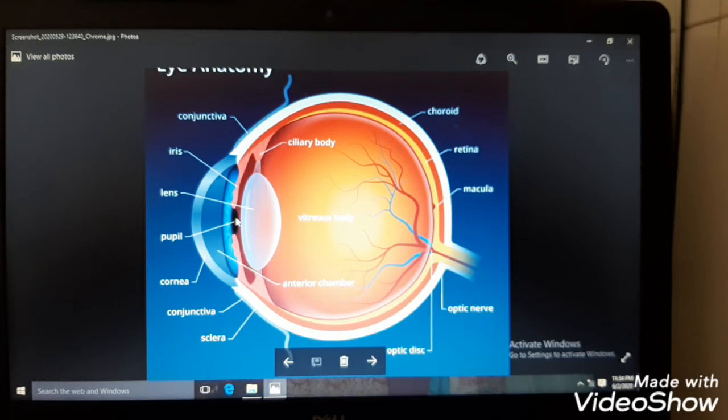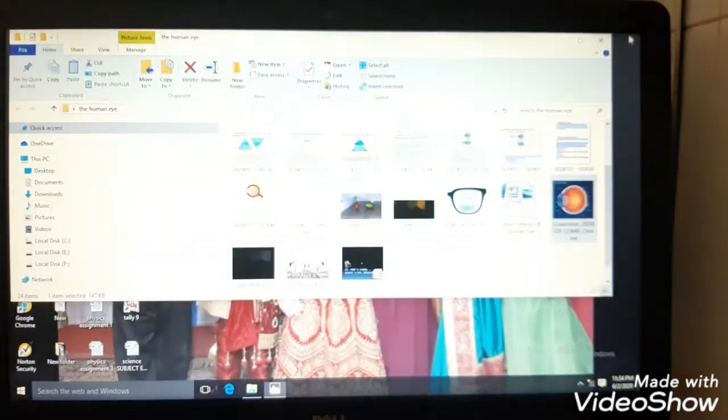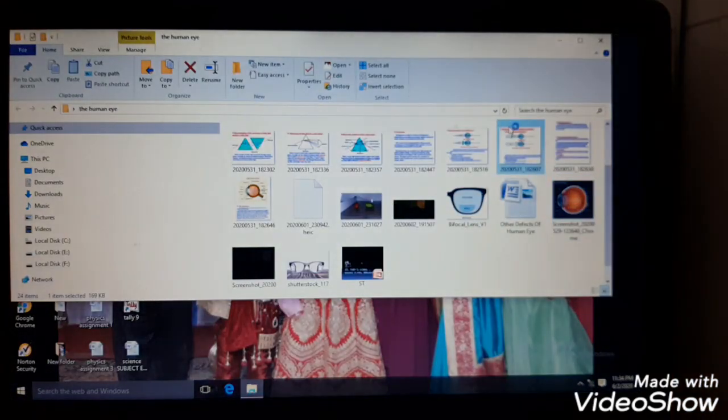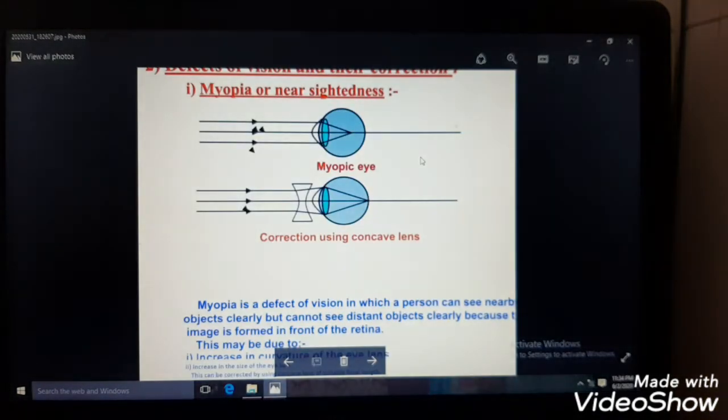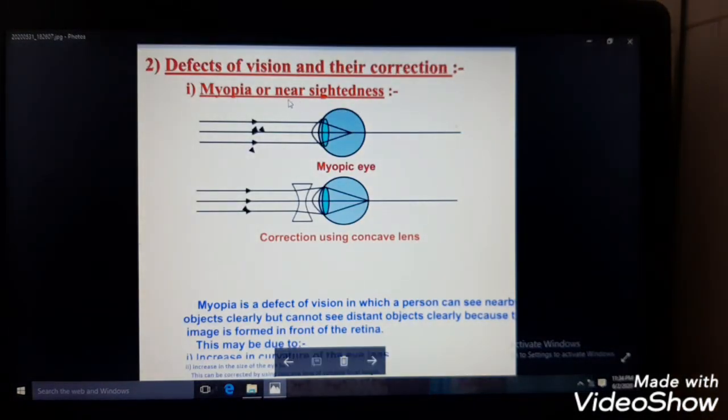Okay, and now move to the next one, that is defects of vision. The first one is myopia. Myopia means nearsightedness. The word itself clarifies that the person is able to see nearby objects clearly but is not able to see distant objects clearly.